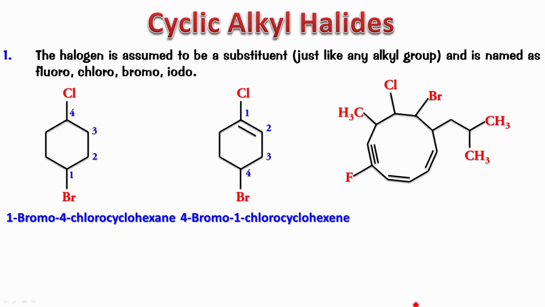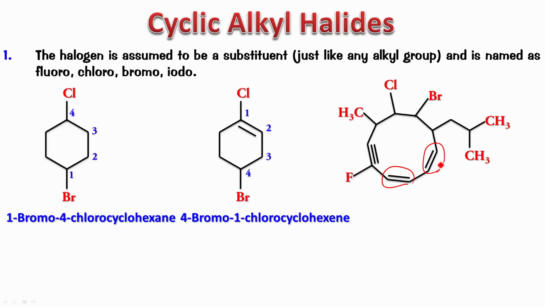And obviously the other doubly bonded carbon has to be 2 automatically, and the numbering has to be done so that the double bond or the multiple bond gets the lowest number. We do not give the substituents priority right now. I can't keep this as 1 for the simple reason it's a triple bond and I need to give the double bond as 1. Now these are the 2 double bonds I have.